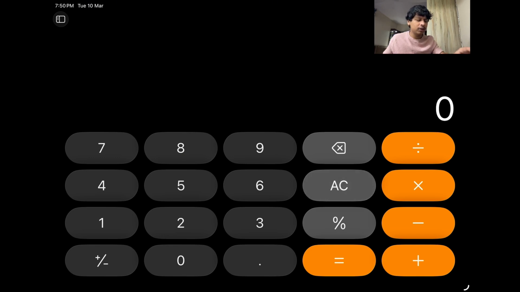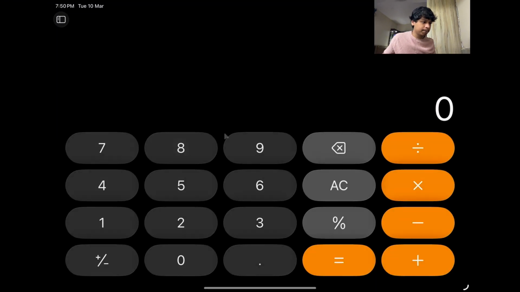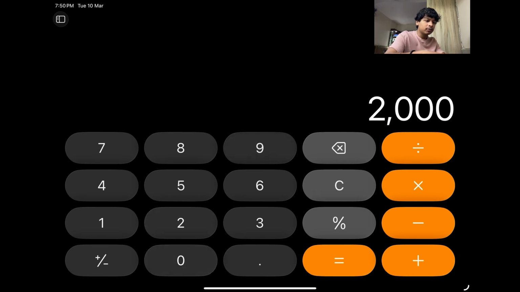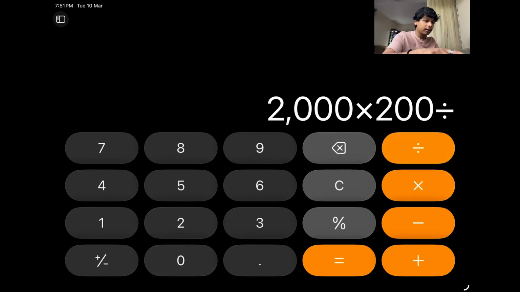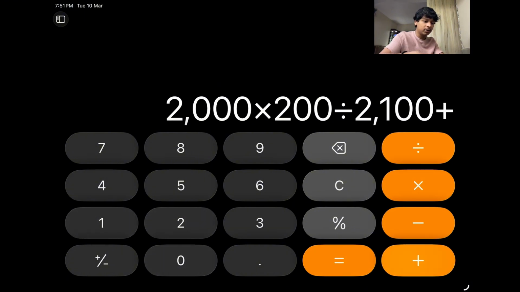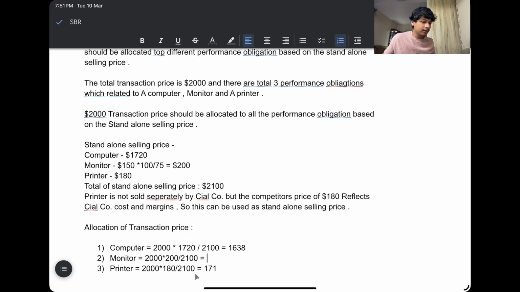So 171 we have calculated for the printer. The remaining one is to be allocated to the monitor: 2000 into 200 divided by 2100, which is equal to 190.